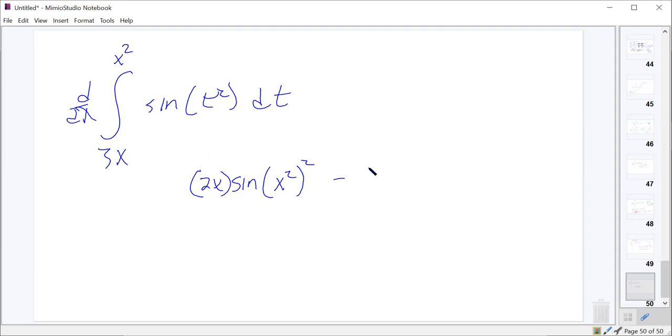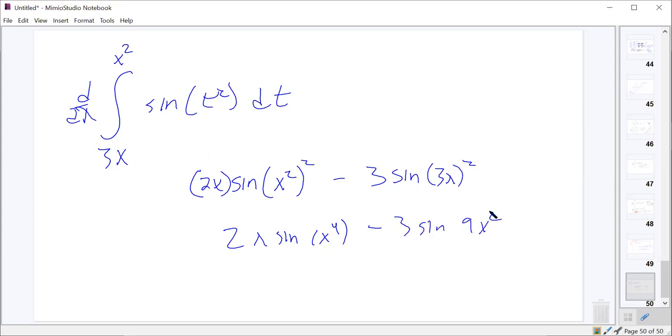And then we have to subtract, using the second part of the fundamental theorem of calculus, upper limit minus lower limit, the sine of 3x squared times the derivative of the 3x. So 3 sine 3x squared. And then you'd simplify all that to 2x sine of x to the 4th minus 3 sine of 9x squared. Does that make sense?